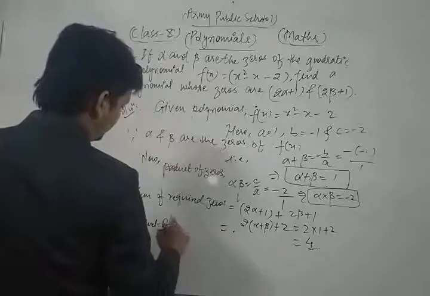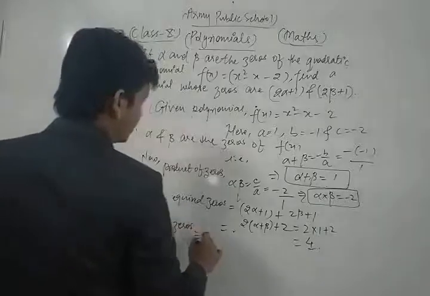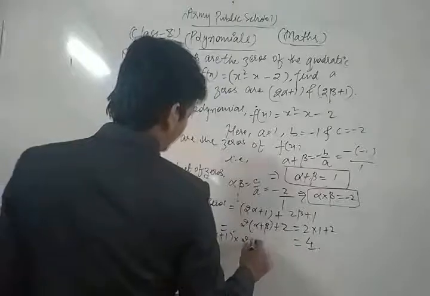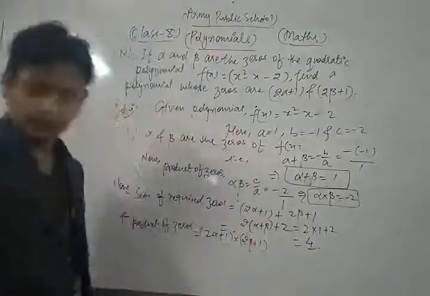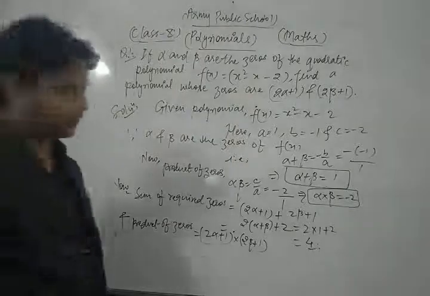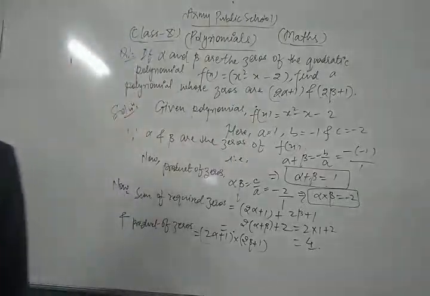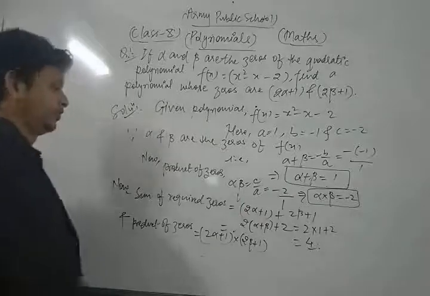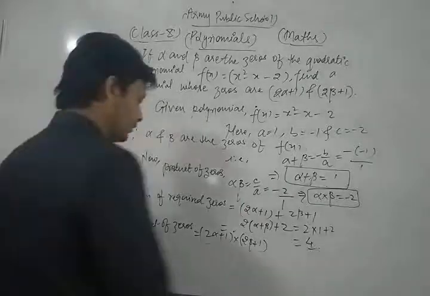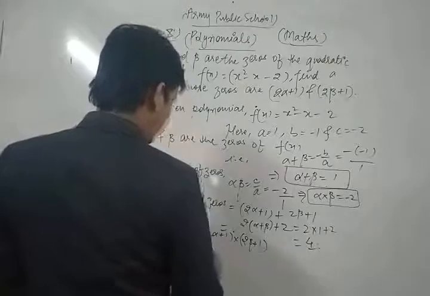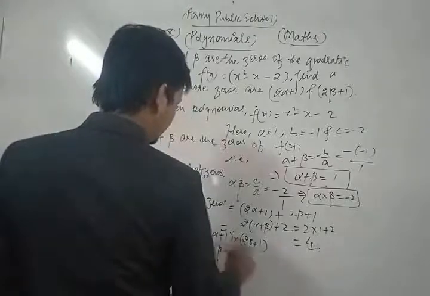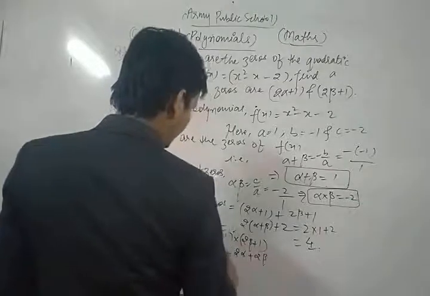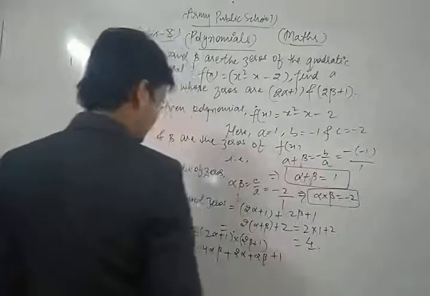Now the product of zeros of the required polynomial is 2 alpha plus 1 into 2 beta plus 1. Multiplying them, we get 4 alpha beta plus 2 alpha plus 2 beta plus 1.